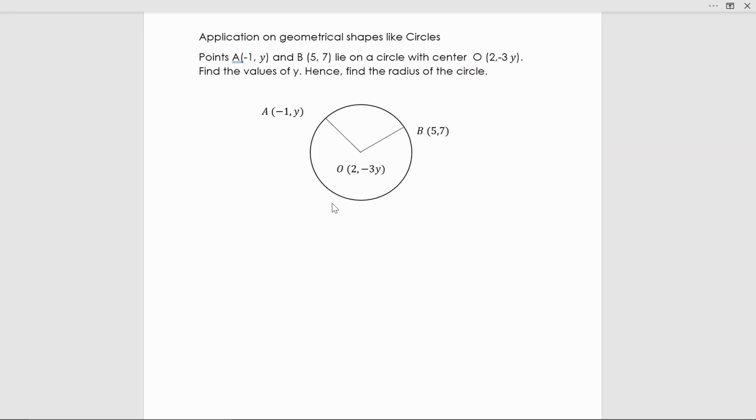So basically these coordinates are all based on the properties of the circle. So let's break the problem into 3 important parts. Number 1, we have to use the distance formula.